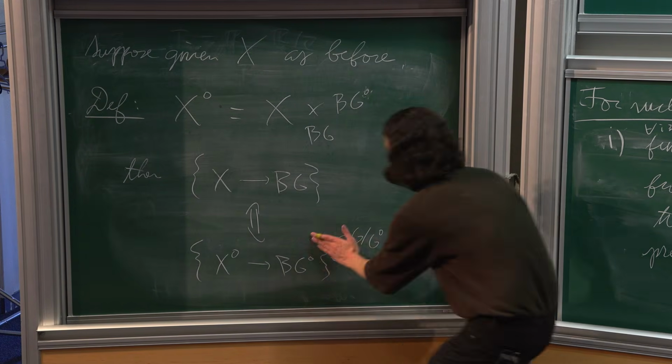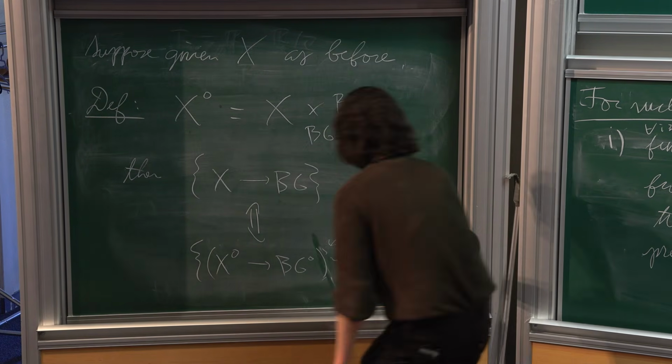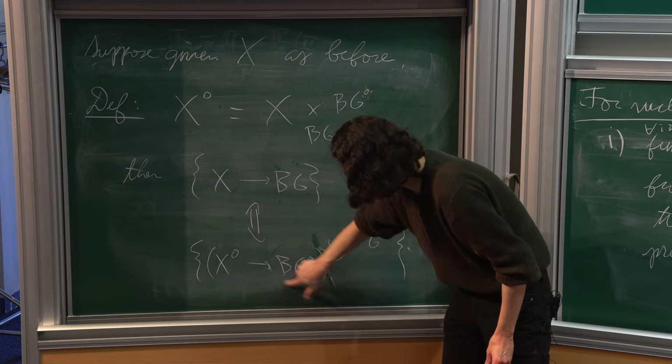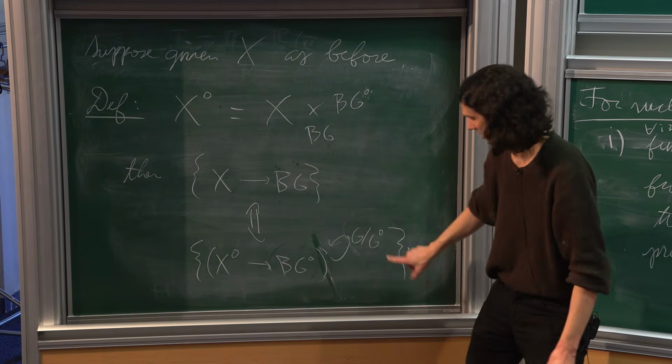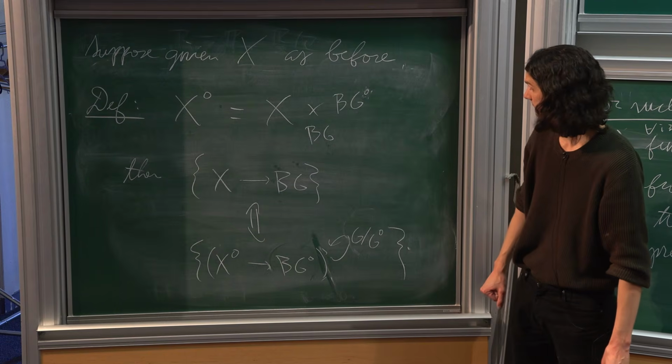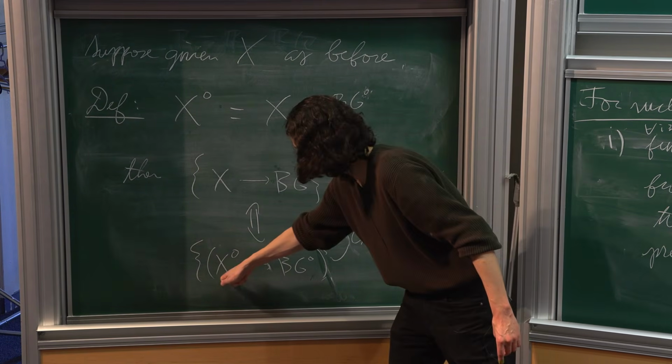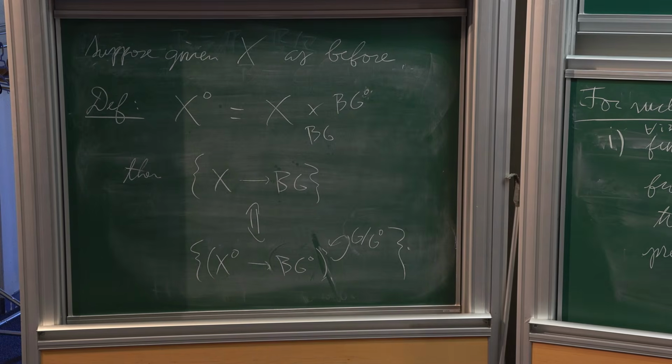So the datum of this guy is the same as the datum of this guy equipped with this action here, not necessarily preserving the base point. And then the datum of this X can be equivalently read in terms of the data of this X circle. Claim that G over G connected acts on BG circle.